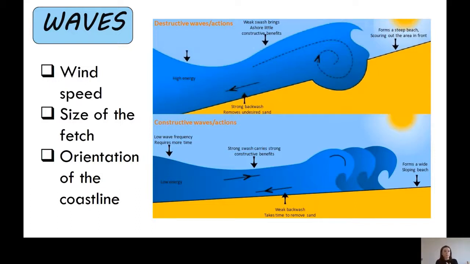So the stronger the wind, the greater the friction on the surface of the sea, and therefore the bigger the wave. Now there are two main types, destructive and constructive.